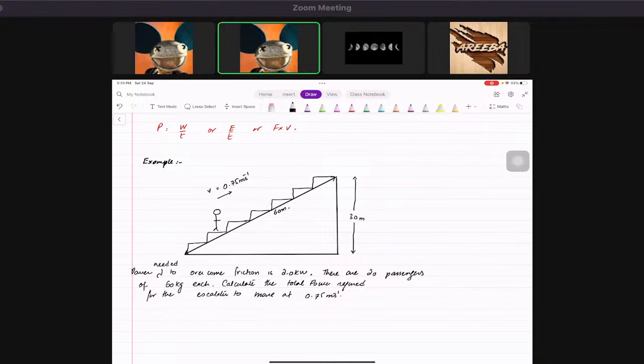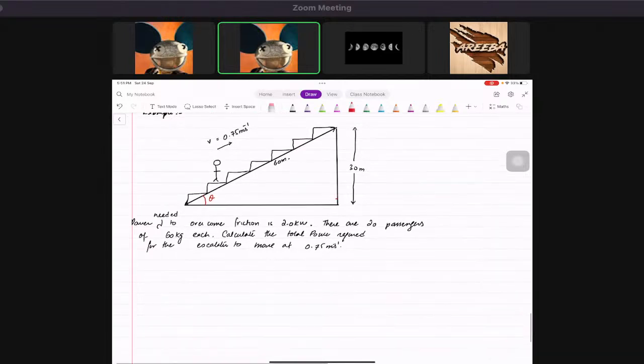So now think about it this way, okay? First of all, we'd want to know at what angle this is. This is a right angle triangle, and to find the angle we can use sine theta, which is perpendicular over the hypotenuse, right?